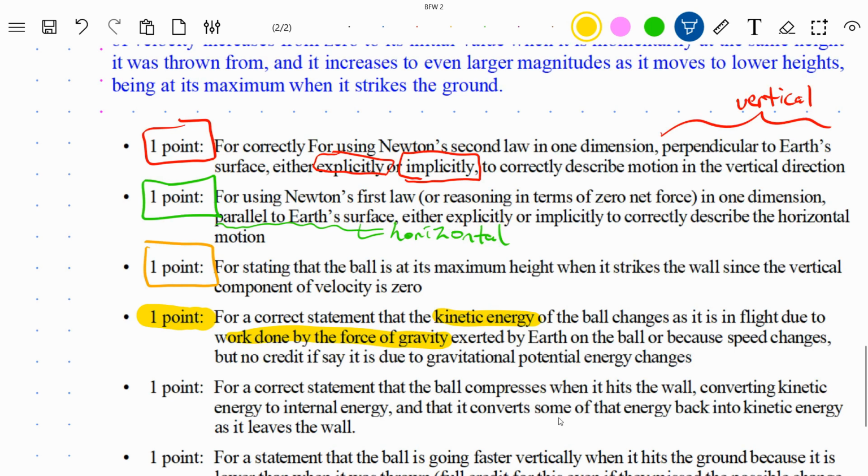So, in fact, notice that the author of this question, again, this is not me, specifically called out what I had mentioned to you earlier. No credit is going to be given if you discuss this in terms of gravitational potential energy. So, again, everything to do with the choice of how the system was set up did not include Earth.